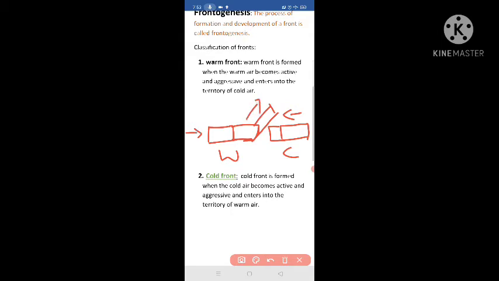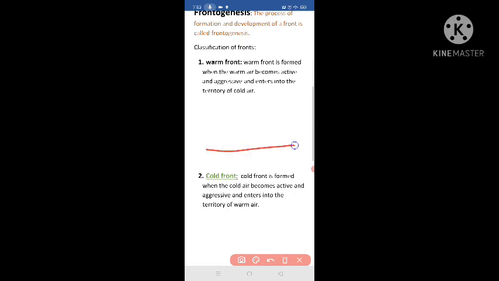As it rises up, it will condense and bring precipitation to this region, and the slope formed here will be a gentle slope between the cold air mass and the warm air mass, and this front is known as a warm front. This is the cold air mass and this is the warm air mass. As it comes like this and moves above, it forms what we call a warm front, and it brings precipitation in this region.